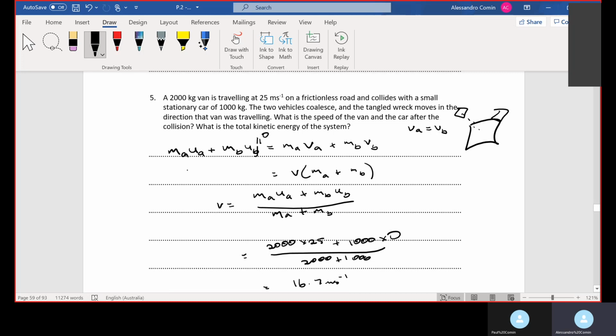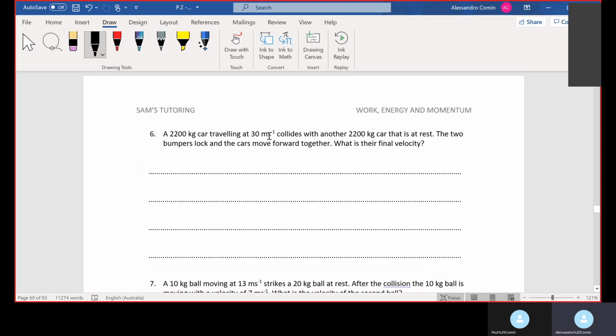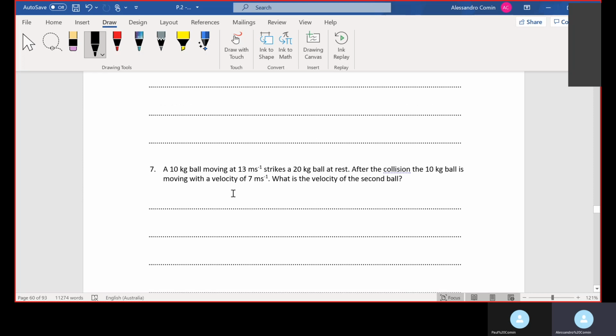So what it's saying is that this car is traveling this way, this car is stationary, and then as such, they clump together like that. But momentum must be conserved, so it's frictionless, and so on and so forth. Question 6 is similar. Question 7 is similar.